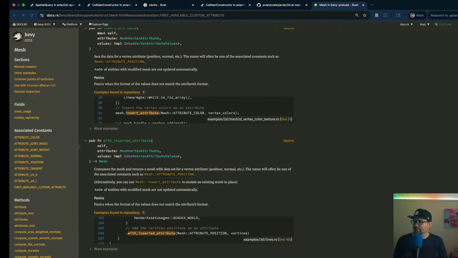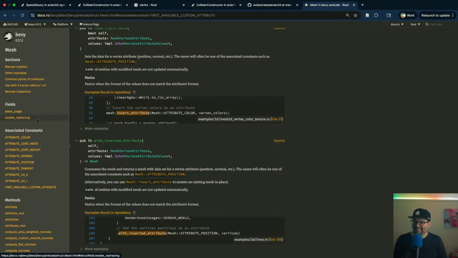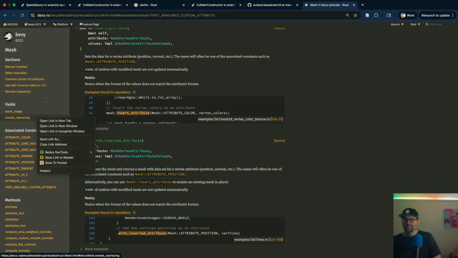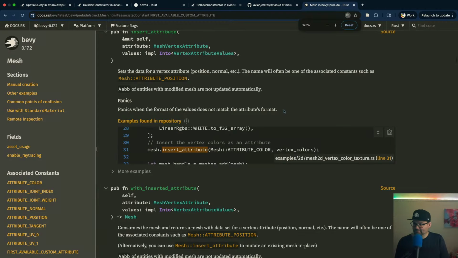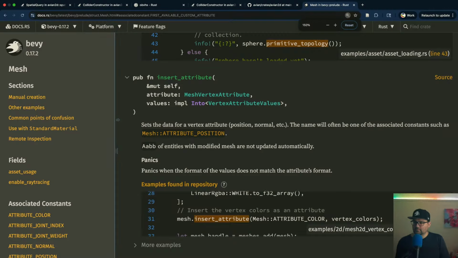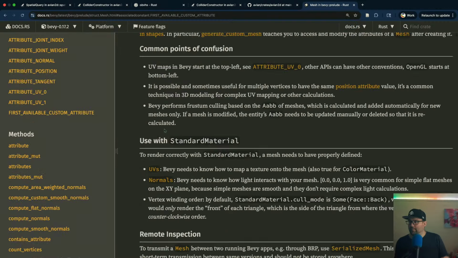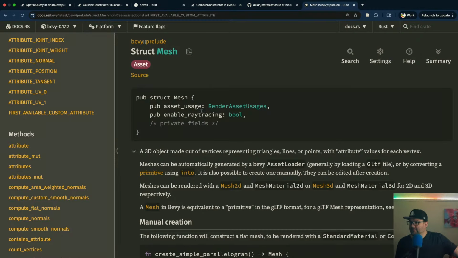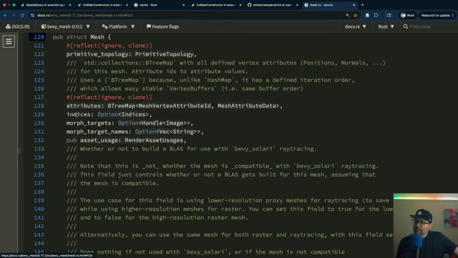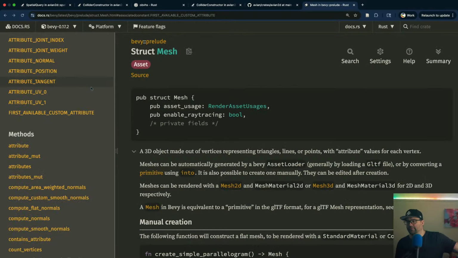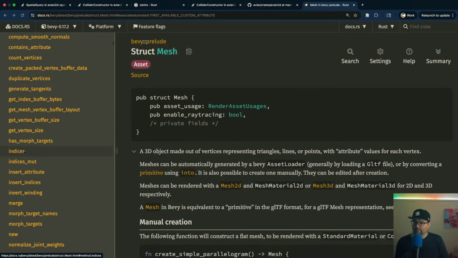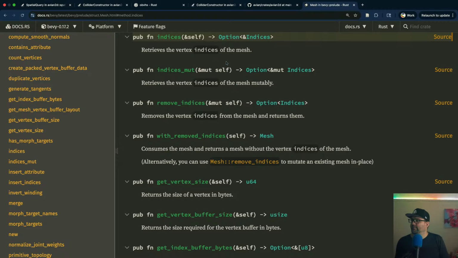I have too many desktops. It's funny that there's a little enable ray tracing field that we can't really use. What else do we have on mesh? Mesh is asset usage and enable ray tracing, and then indices is private. Is there a function called indices that we can call? There is. Perfect. We're going to get that.